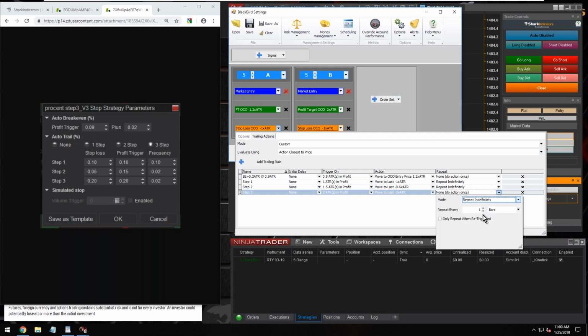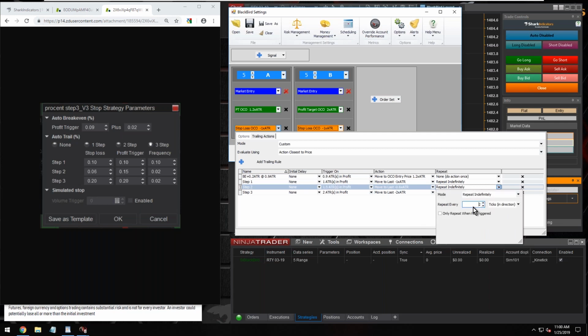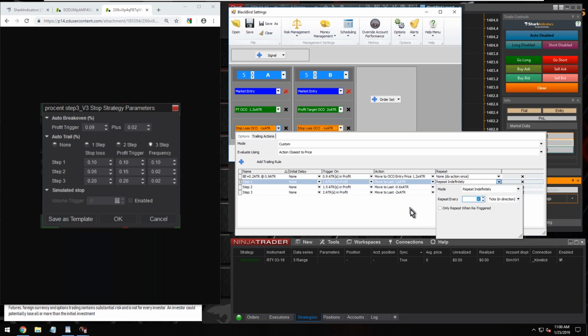All right. So again, repeat indefinitely, and we're going to do ticks in direction, and we're going to set that to 2 ticks in direction. There. And let me just double check step 2. Yeah, I did increase that to 2%. Okay, great. And let me just double check step 1. Yeah, that was 10 ticks. Okay. Yeah, that is it. So that is our conversion.